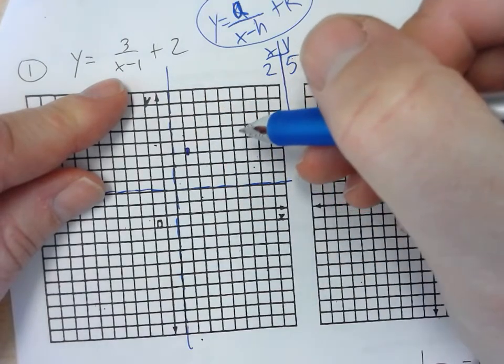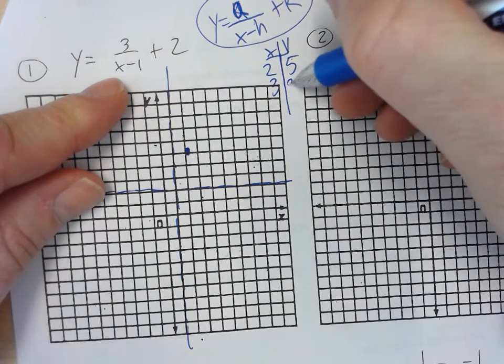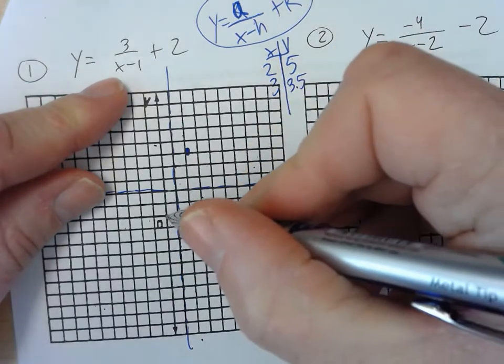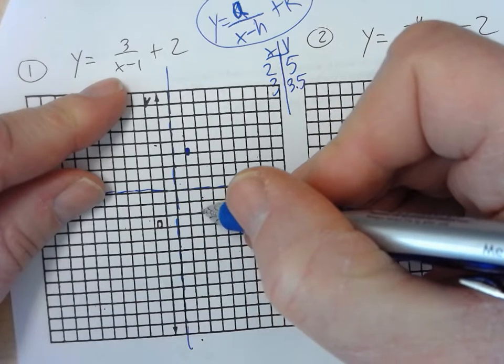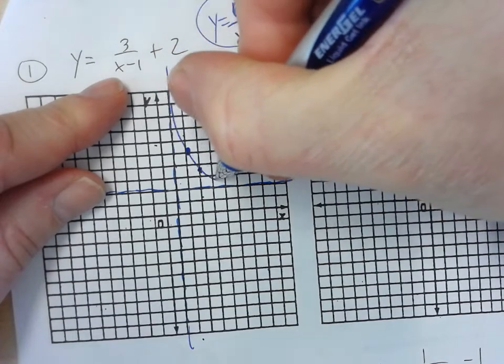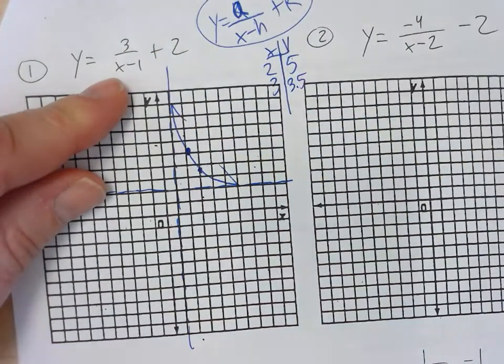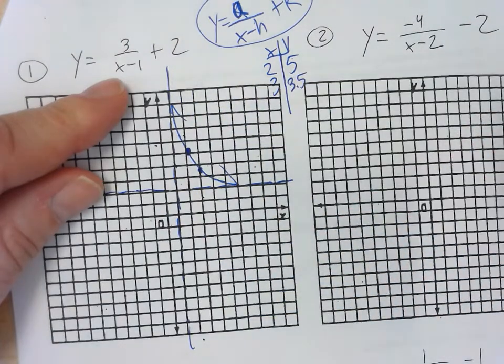Then another good point to put in would be 3. If I put 3 in, I get back 3.5. So I go over 1, 2, 3, up 3.5. So it curves like this in this space, and it doesn't cross the horizontal or vertical asymptotes.